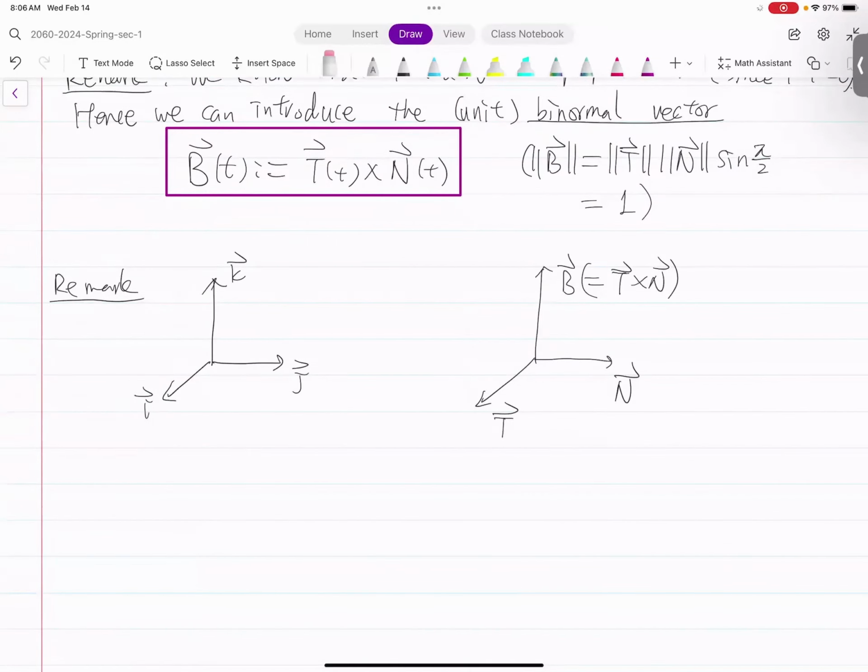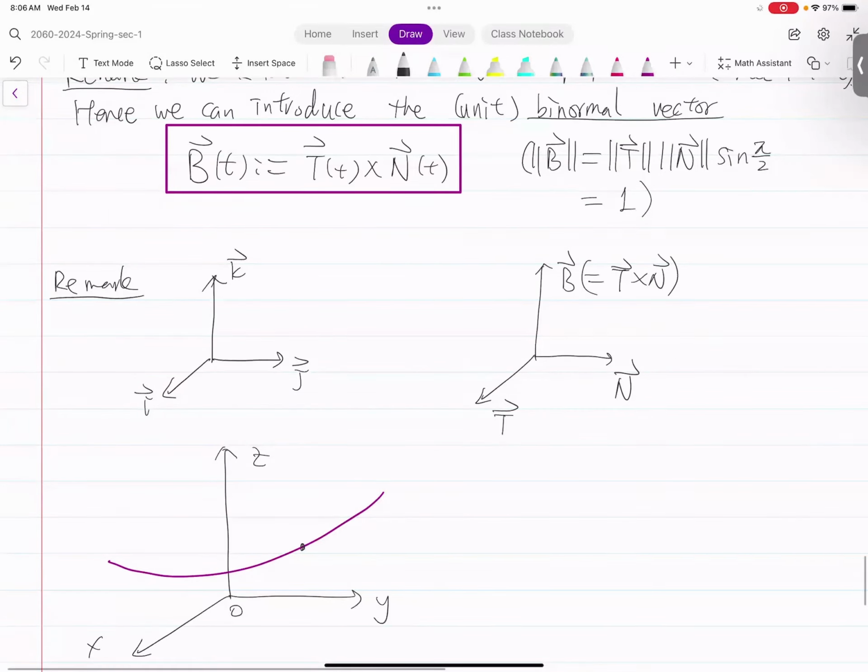So let's make the curve relatively simple. The space curve like this. Okay. So in this situation, for whatever point that you pick along the curve, at the black point, the tangent direction is the direction along your space curve, right?